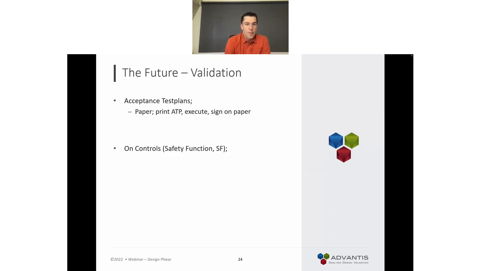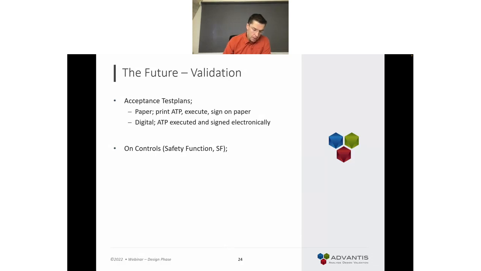So print an ATP and execute, sign on paper, and then also a digital option where you execute the ATP digitally on an iPad and then sign electronically. That's our goal.